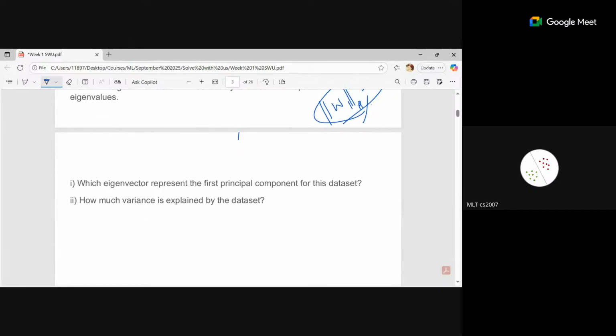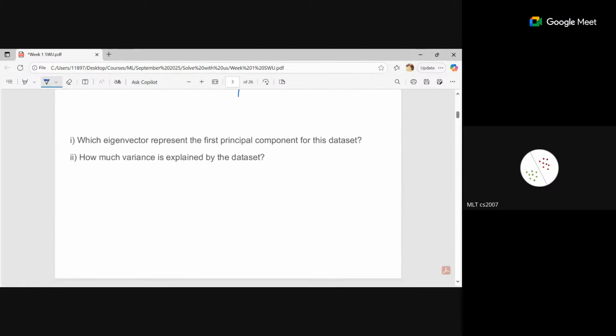All right. So I hope the second problem is also clear from here, like how much variance is explained by the data set. So what do you need to do for that? You already found the eigenvalues. So what will be the variance? Any guesses? You have already found two eigenvalues.